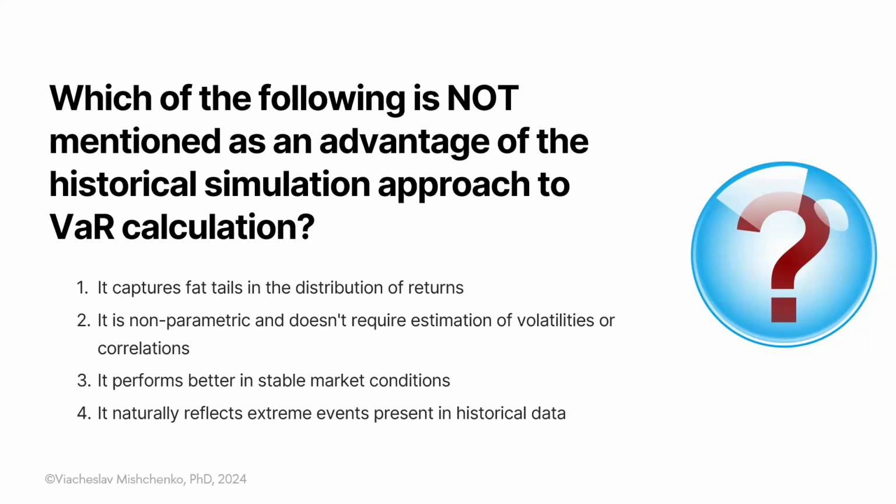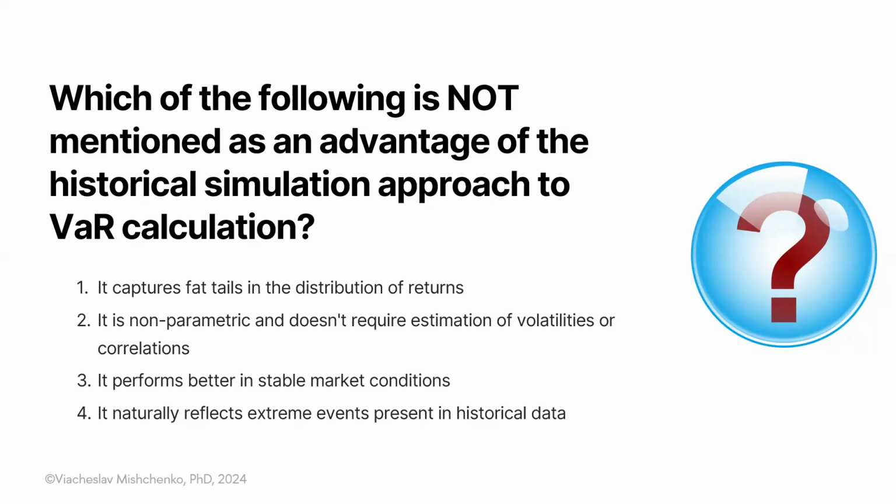Why? So let us try to explain this. First of all, we have not discussed in particular that historical simulation value at risk performs better in stable market conditions. But in fact, the lecture emphasizes that historical simulation accuracy depends heavily on the chosen historical period of time and can be problematic if market conditions change.